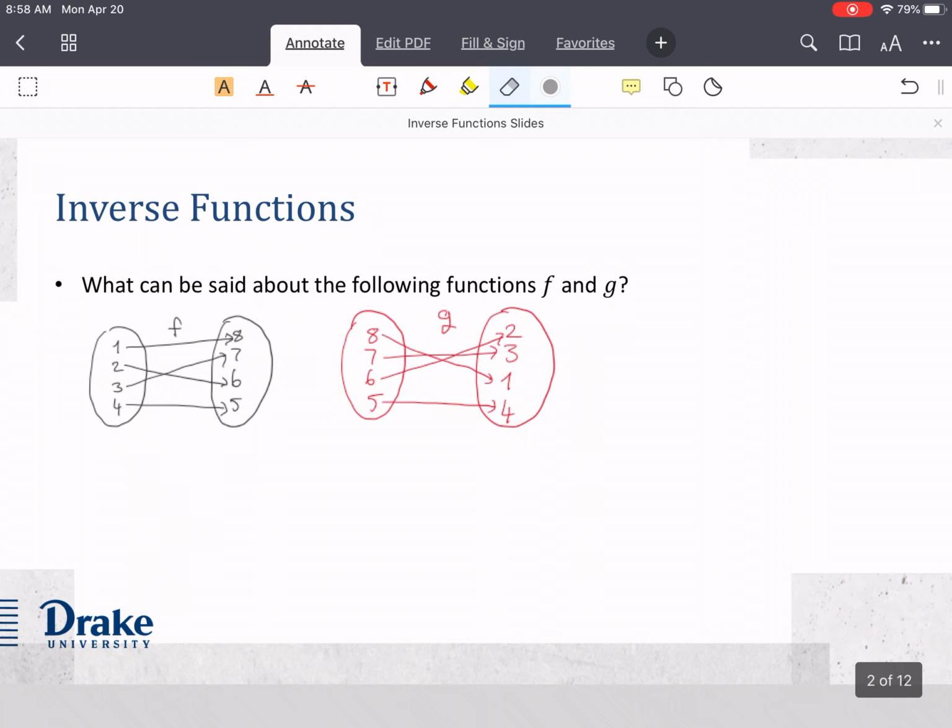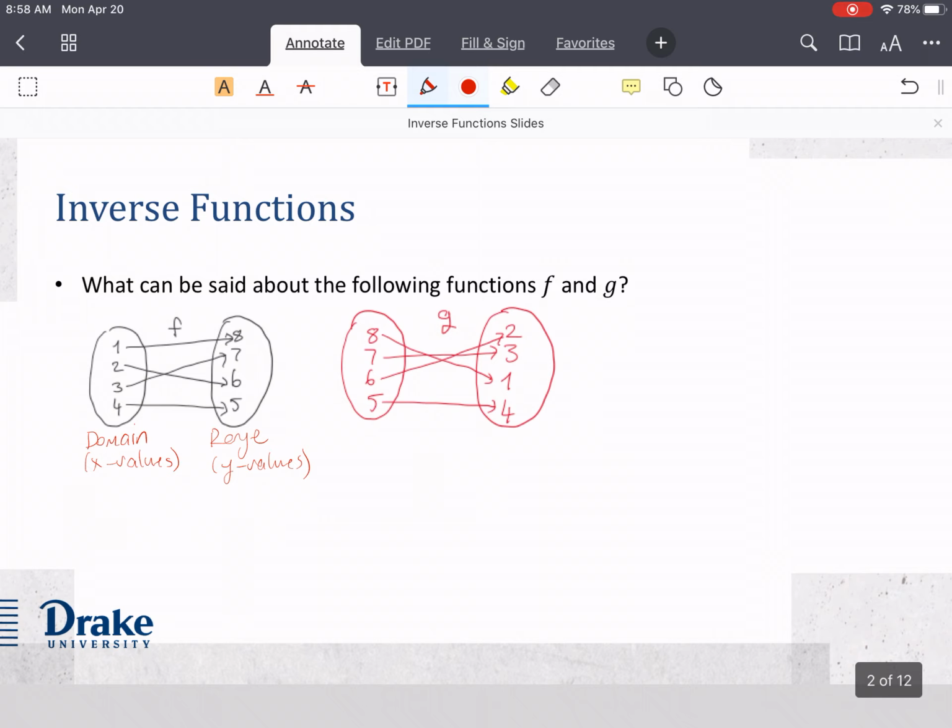So you can think of this as the domain of the function f and the range of f. In other words, domain is x values or input values and range is y values. So you realize that it takes 1 to 8, 2 to 6, 3 to 7, 4 to 5.